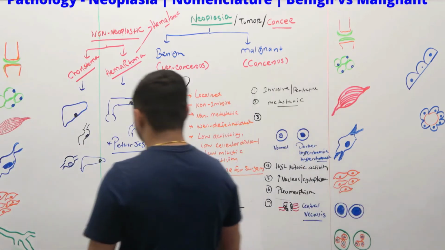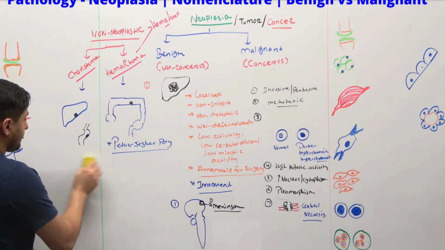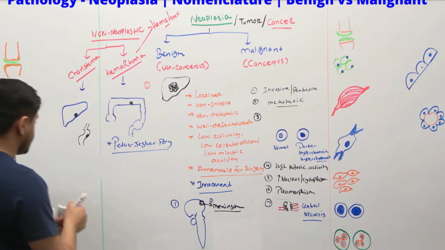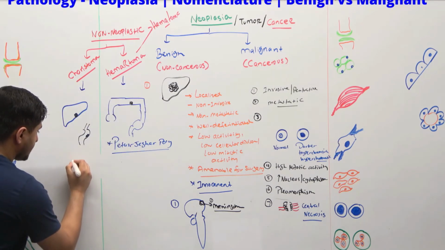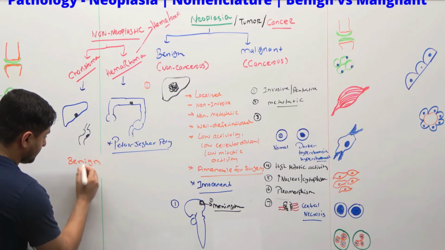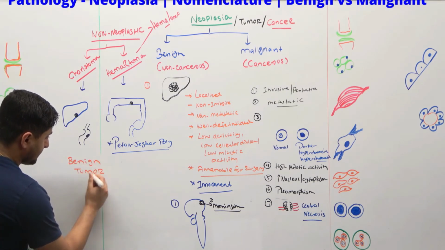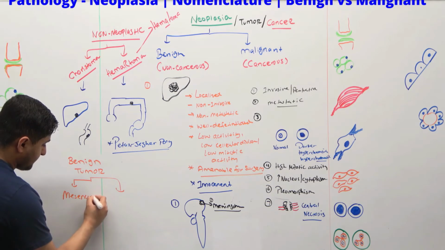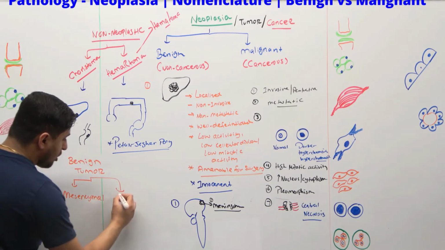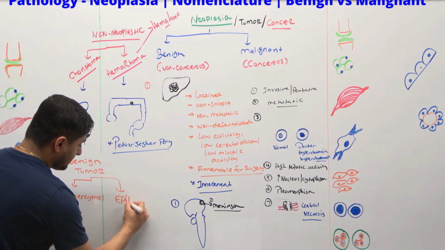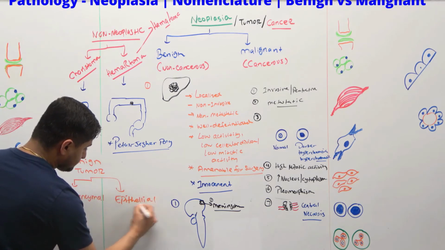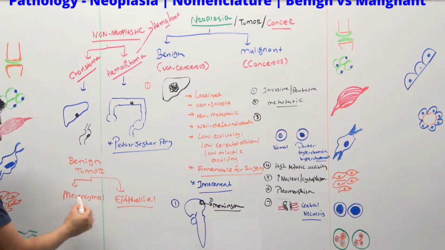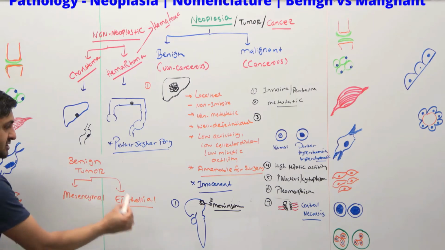Let's talk about benign tumors first. A benign tumor can be from two places: it could be mesenchymal in origin, or it could be epithelial. So basically, benign tumors can come from mesenchymal cells or epithelial cells.